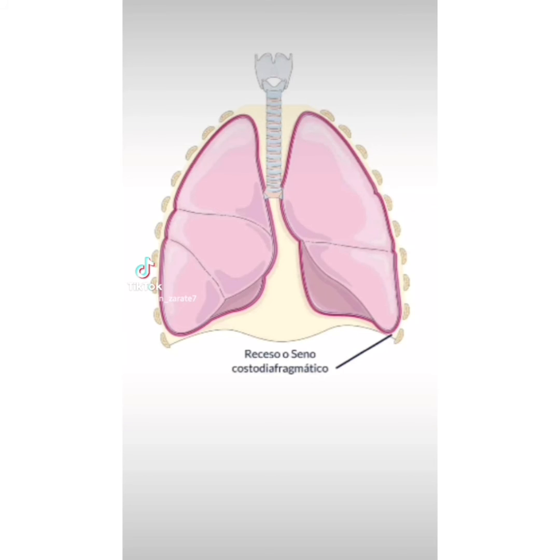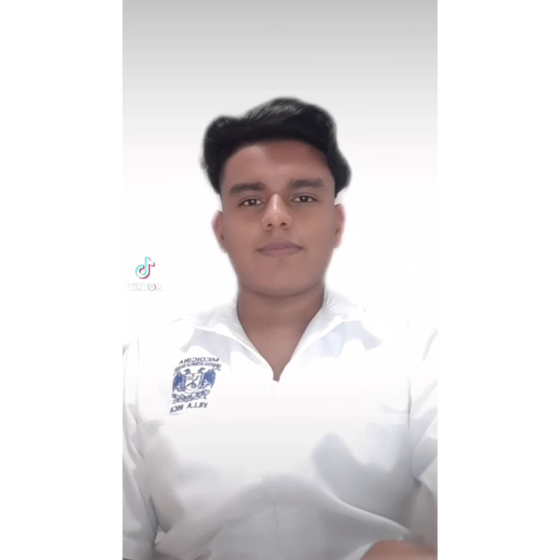For example, there is a costomediastinal recess on each side, where the costal pleura faces the mediastinal pleura, and the costodiaphragmatic recesses are larger and of greater importance, and are found in each of the pleural cavities between the costal pleura and the diaphragmatic pleura.